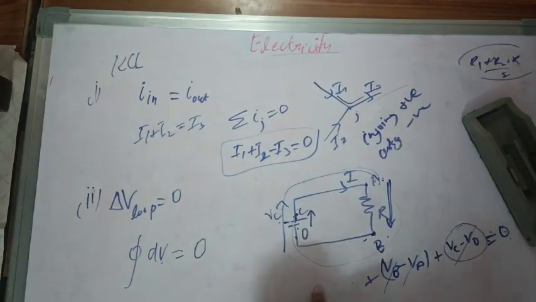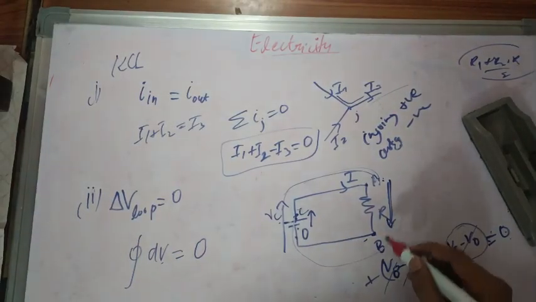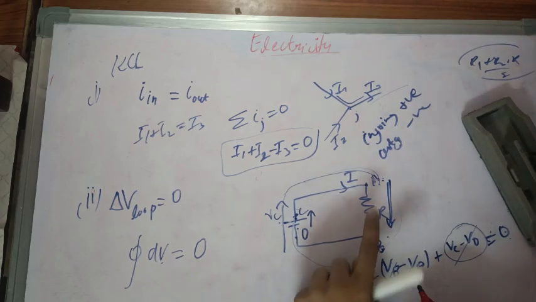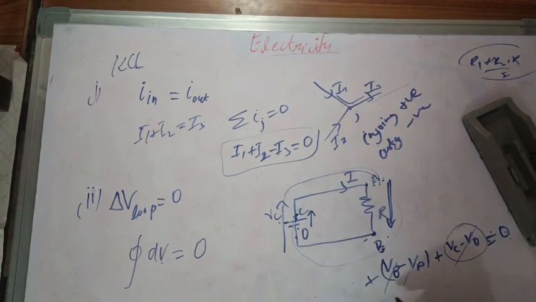And in this case VB minus VA, this is a lower potential and this is a higher potential, so this is a negative value, minus IR, and this cell is a potential difference.